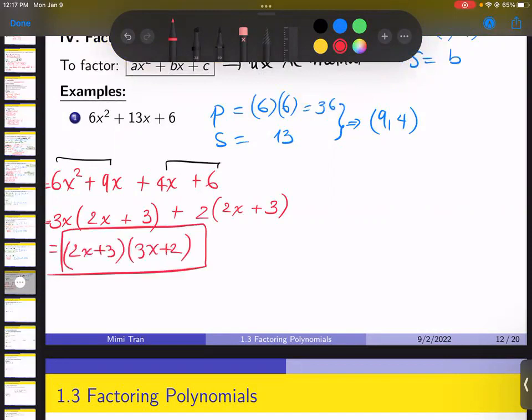Let's check. 2x times 3x is 6x squared. 4x, and then 9x, which is 13x, and then 6. So it checks. Now, how do I do this in guess and check method?